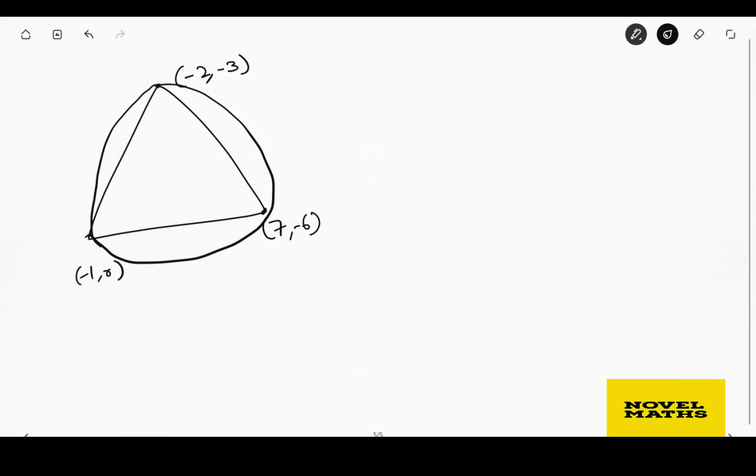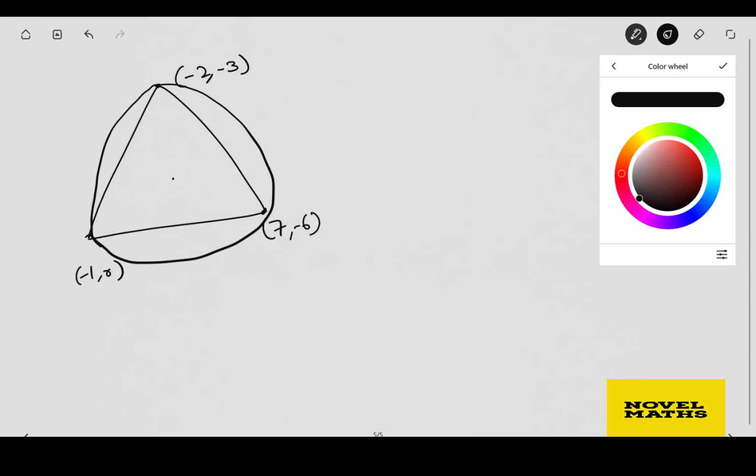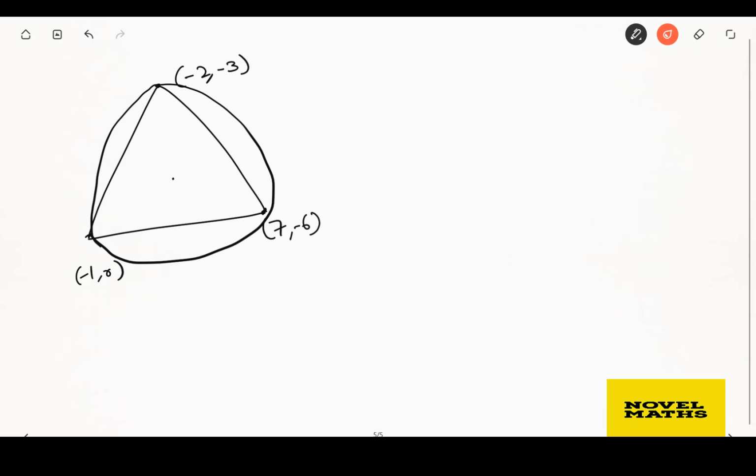So before solving this, to find the radius and the coordinates of the circumcenter, let's think how to solve this problem. Instead of directly giving the solution, it's better to understand how to approach it. That's the correct way to solve any problem.